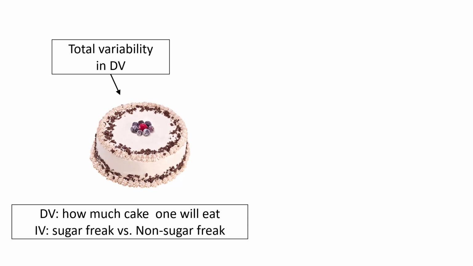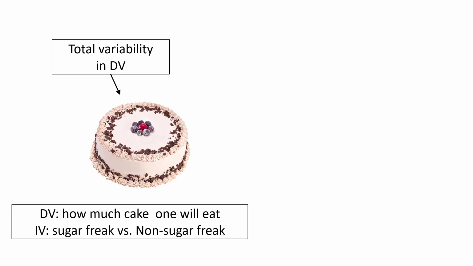But whether you are a sugar freak or not may not be the only factor which will explain your cake eating behavior. For example, maybe there is a sugar freak who will still not eat cake because she's on a diet and she knows how evil cakes are when it comes to losing weight. Or maybe there is a non-sugar freak who would still eat the whole cake because she's so frustrated about learning statistics and she will put everything in her mouth right now to make herself feel less miserable.